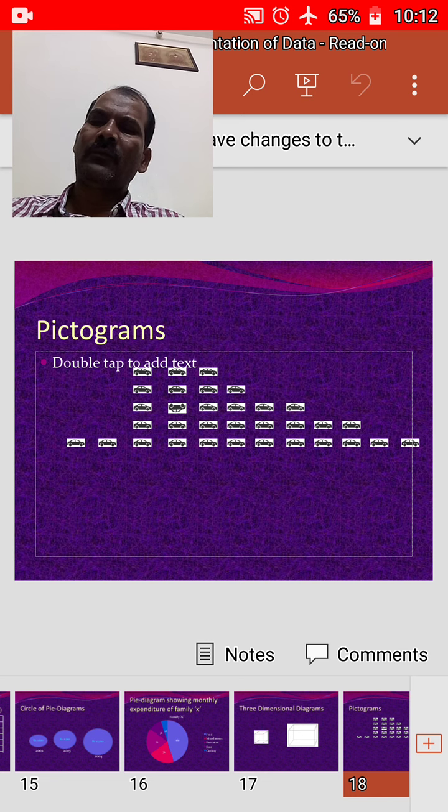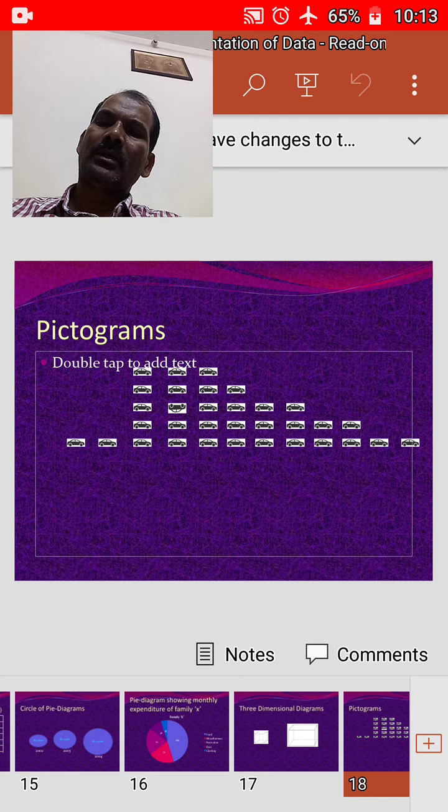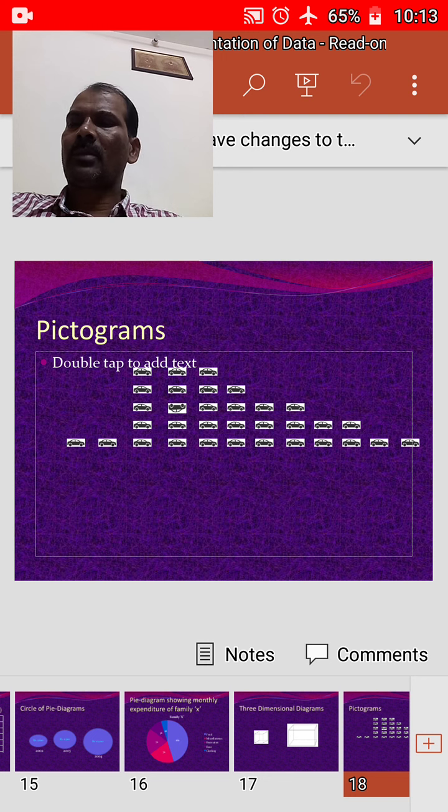For example, if we wish to represent the data relating to telephones, the symbol should clearly indicate a telephone. As far as possible, symbols should be clear, concise, interesting. Changes in numbers should be shown by more or fewer symbols, but not by larger or smaller ones.